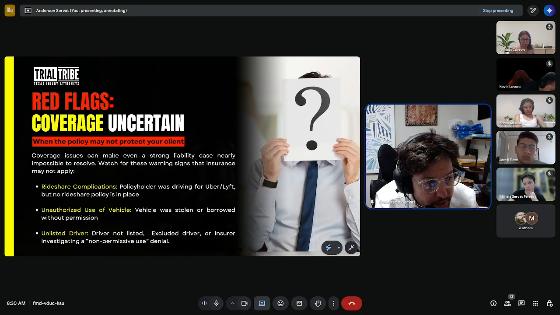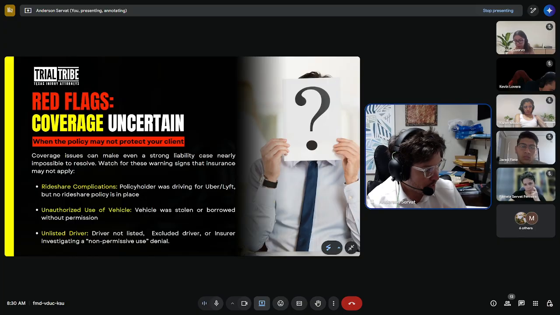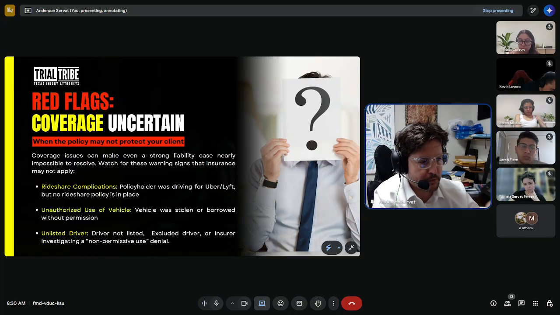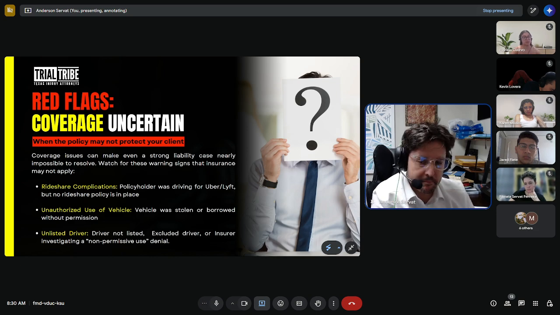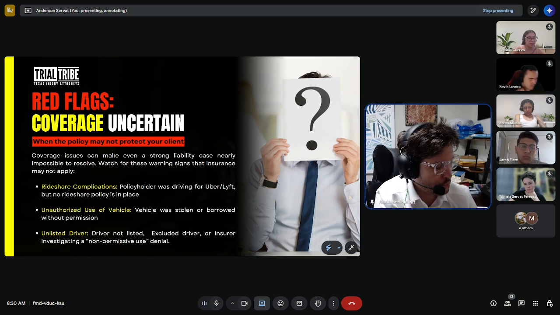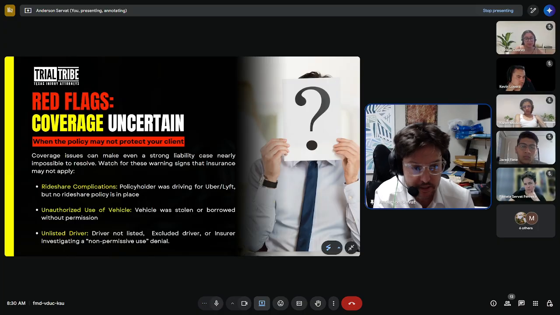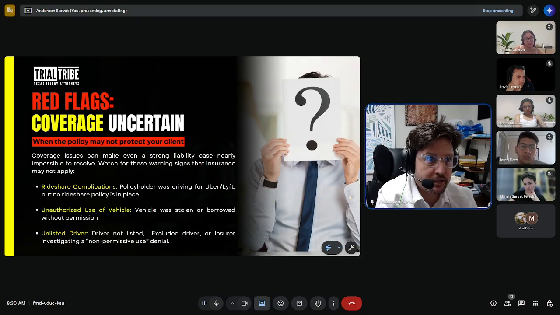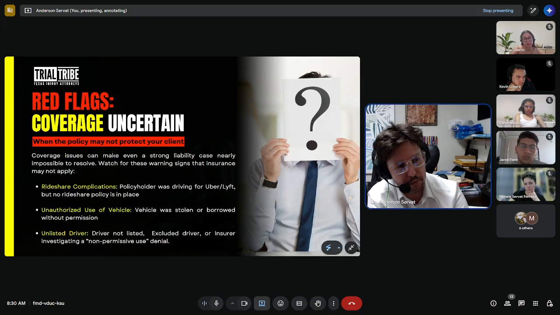And maybe the client has her own insurance, and she's just doing Uber that day, then it applies. That's something good. But let's say the client was an Uber driver that was hit by another car. Well, the other car will have coverage. She will not have coverage because Uber does not provide it, and also her own insurance may deny because she was doing Uber.